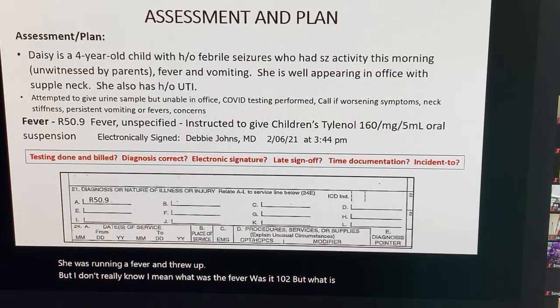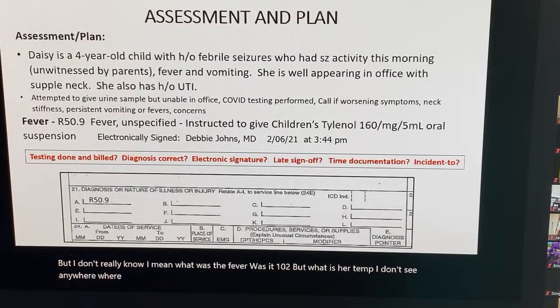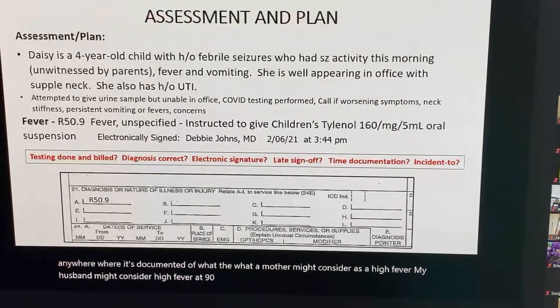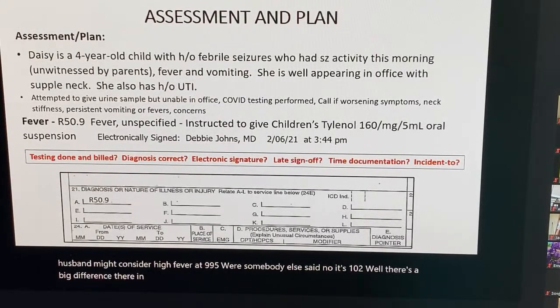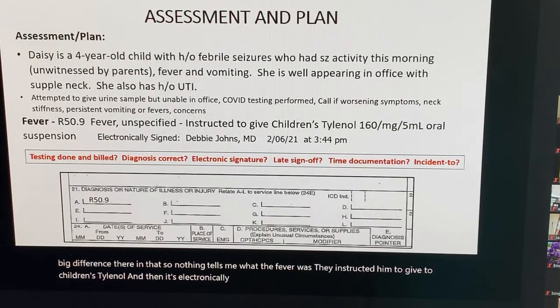I don't see anywhere where it's documented what a mother might consider a high fever. My husband might consider a high fever at 99.5, where somebody else said no, it's 102. Well, there's a big difference there. So nothing tells me what the fever is. They instructed him to give the children's Tylenol, and then it's electronically signed by the doctor.